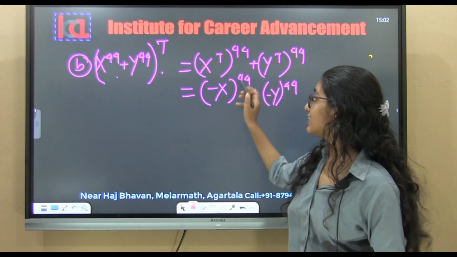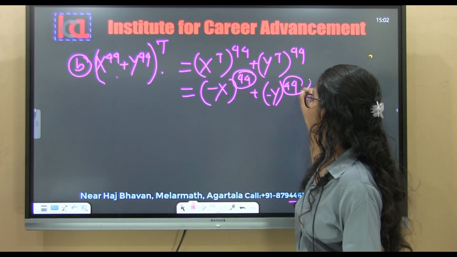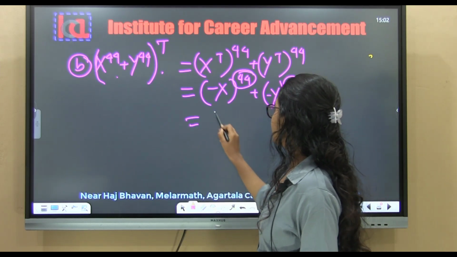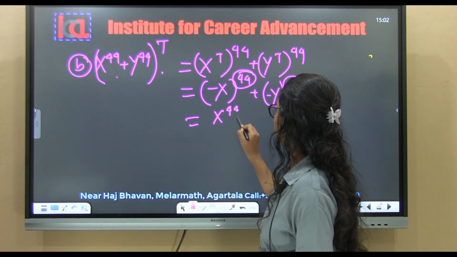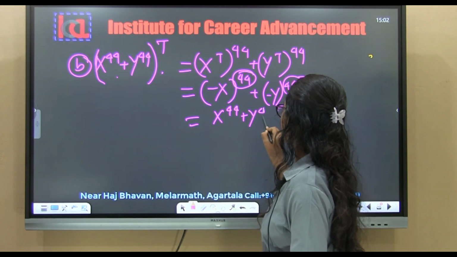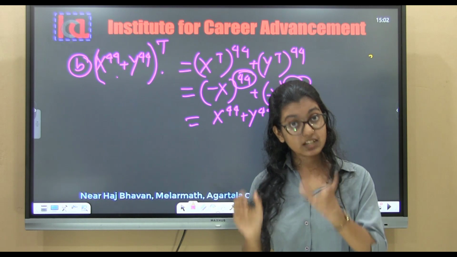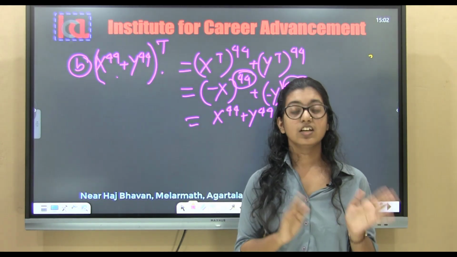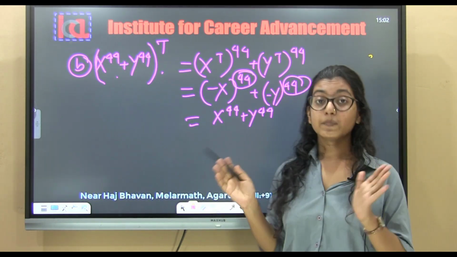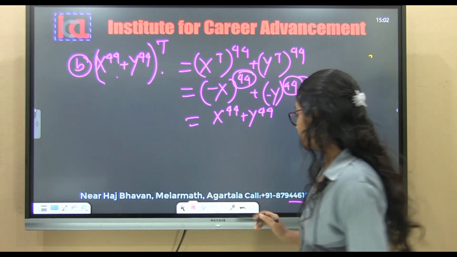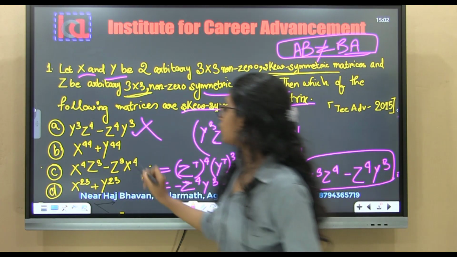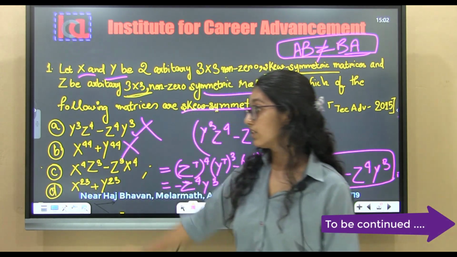So here this is an even power, so therefore the ultimate answer will be X to the power 44 plus Y to the power 44, which is exactly equal to the given expression. So therefore this is also a symmetric matrix. So therefore this option will also be nullified. Now number 3.